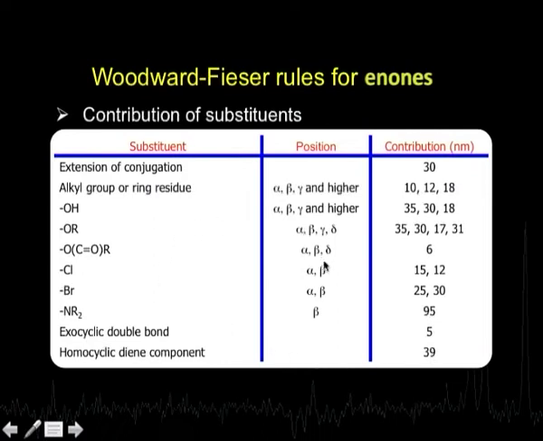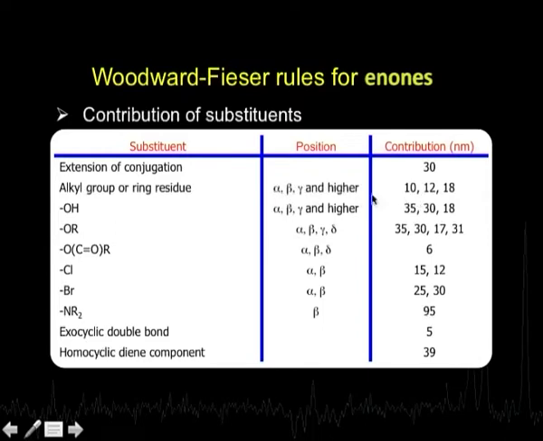So how do we read this table? This is the extension of conjugation as we had before, about 30 nanometers. We add 30 nanometers to the base value to get the contribution of conjugation. Now if you have an alkyl group or a ring residue, it also contributes, and what you see is alpha, beta, gamma and higher. What that means is, if it is at the alpha position, the contribution is about 10 nanometers.